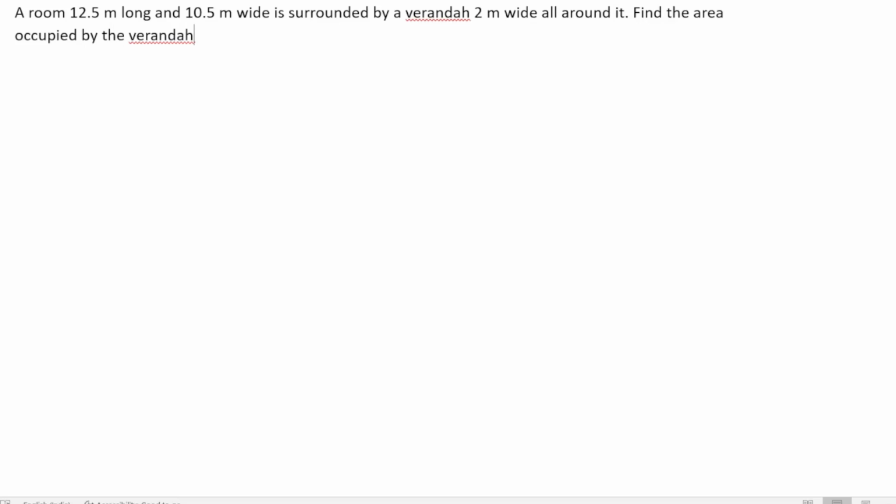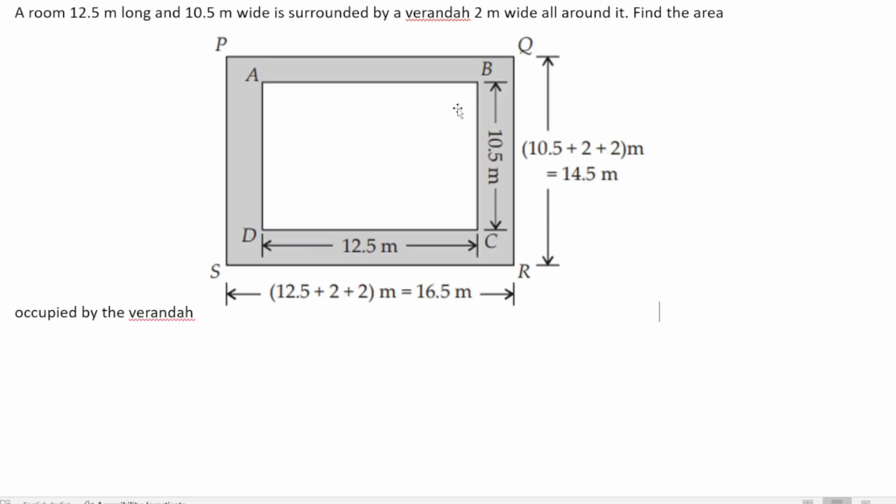It is the same as how we have done for the path. This is nothing but a path around the square or rectangle. We will find it out, but before that let us draw it. I will put the picture of this.